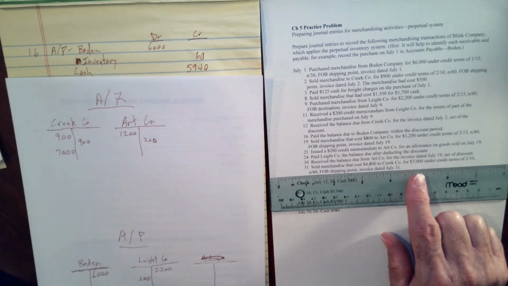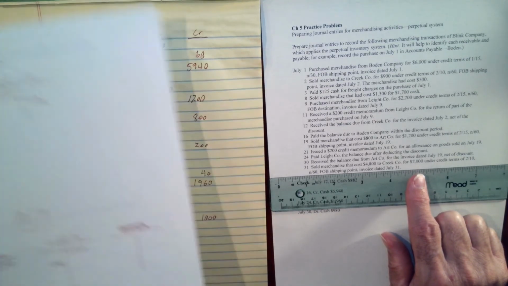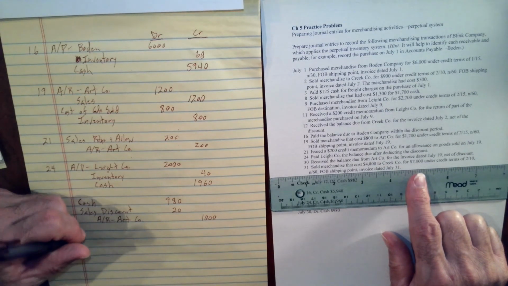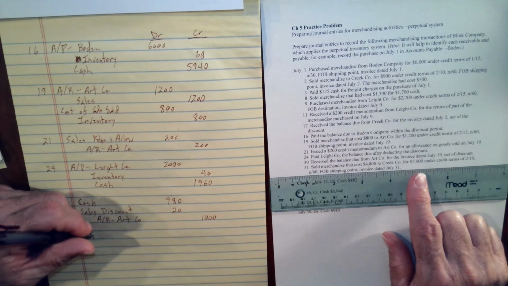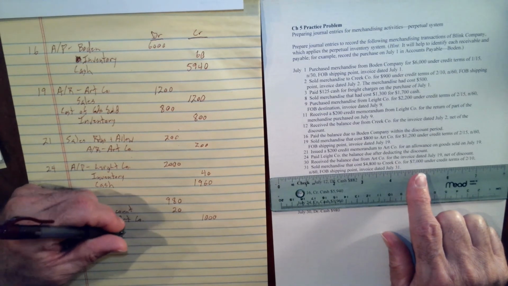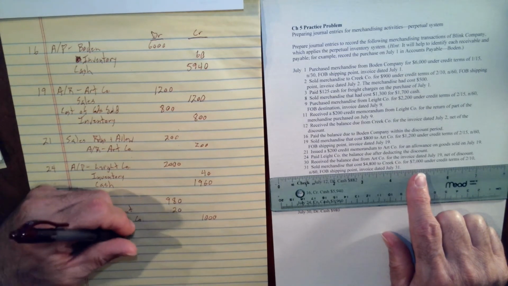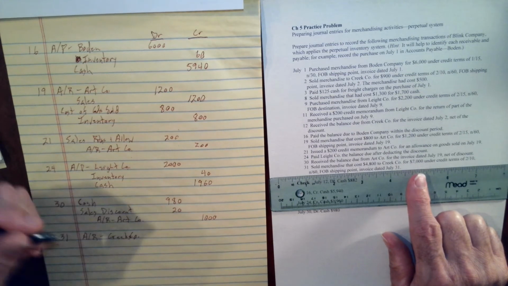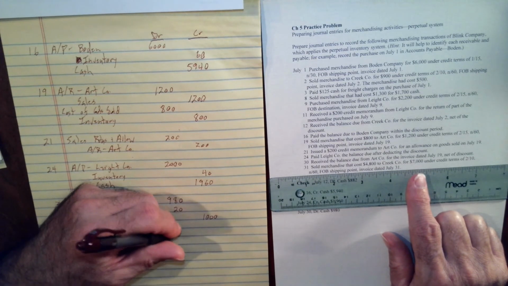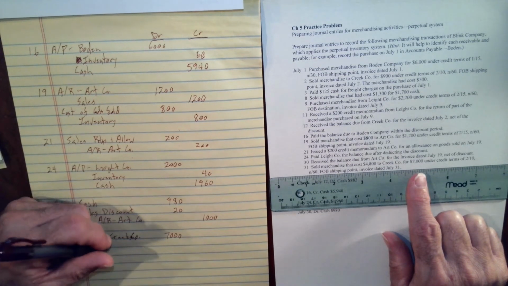So I'm going to put that in their subsidiary account, and I will debit accounts receivable Creek Company for that $7,000, and the credit goes to sales.